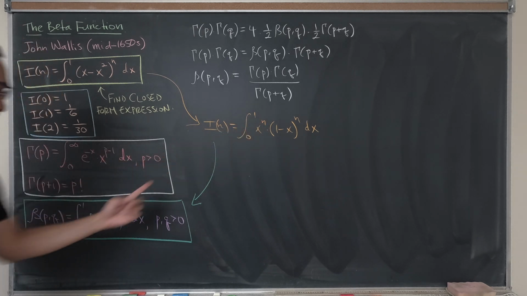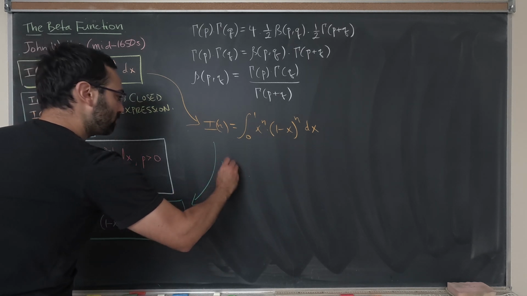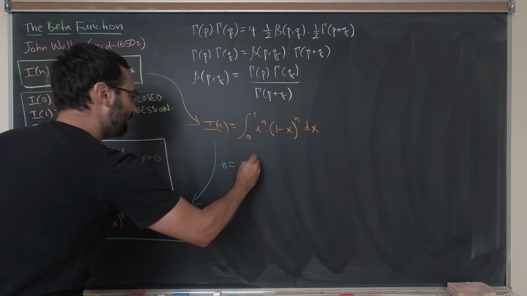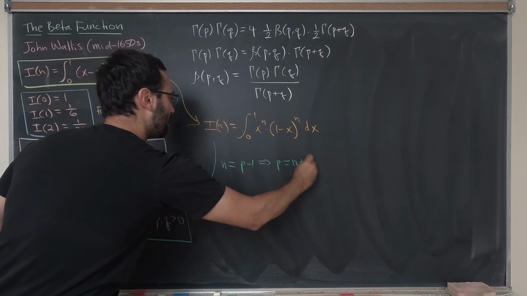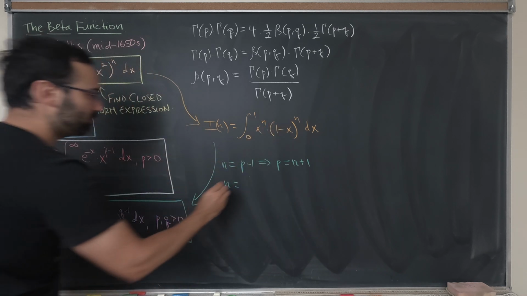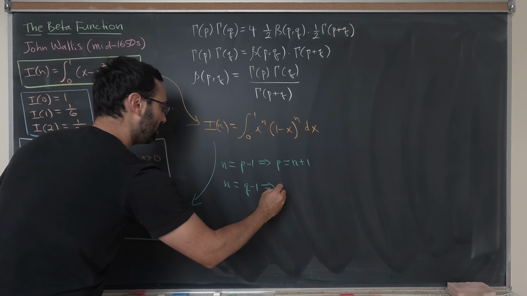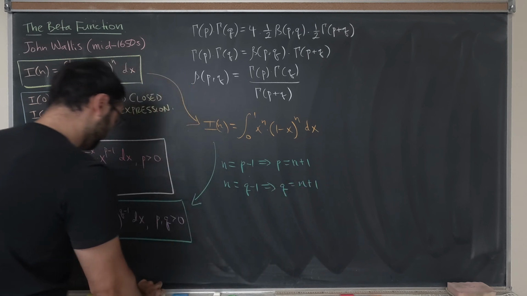We have n over here as p minus 1, and n over here as q minus 1. So if we associate n with p minus 1, that gives us p equals n plus 1. And if we associate n with q minus 1, that gives us q equals n plus 1 as well.